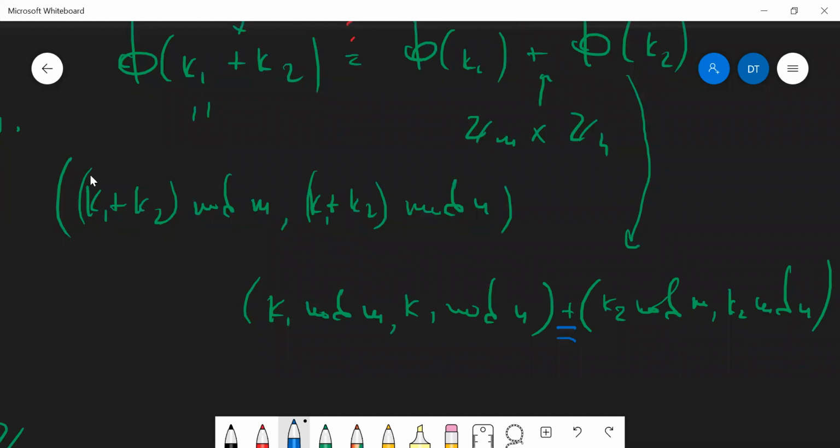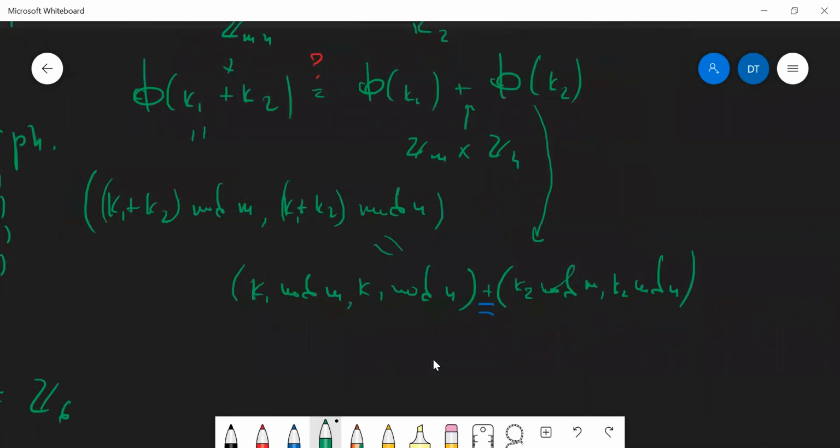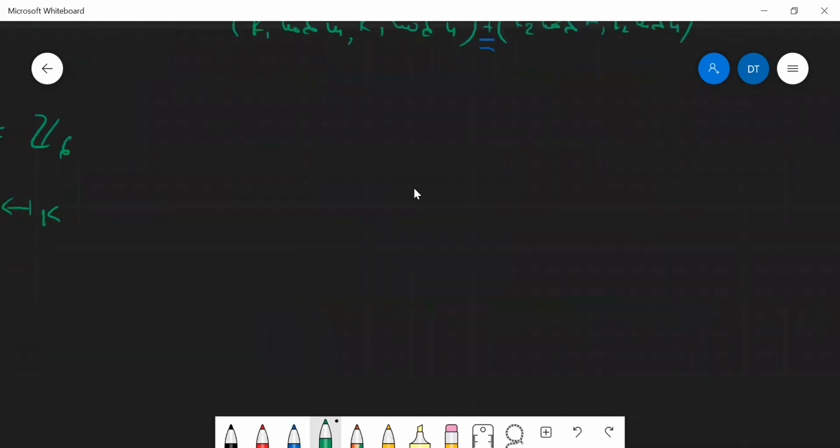So now we want to show that this equals this, but this is the same as showing that this is the same as this plus this modulo m, but that's exactly what's written here. And again, we need to show that this is the same as this plus this modulo n, but this is exactly what's written here. So these two things are the same. So is it clear, or do you have any questions? Okay. So now we know that this is a homomorphism.